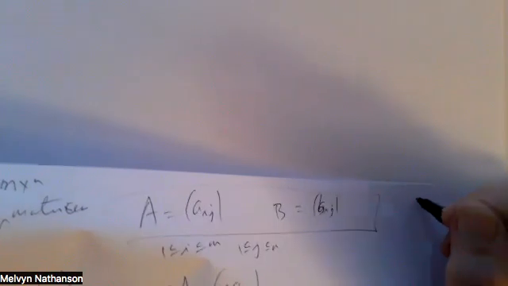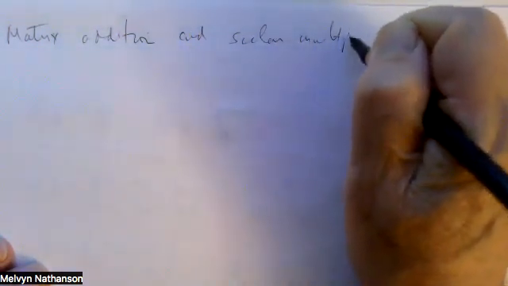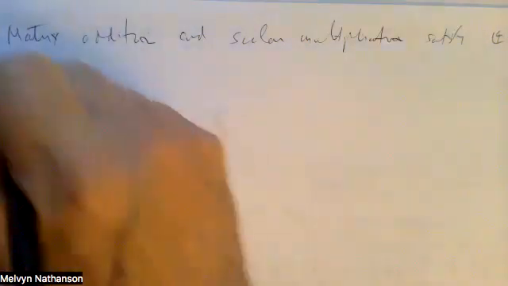And then it is, of course, straightforward as a calculation to check that matrices have the following properties. So matrix addition and matrix scalar multiplication satisfy the following properties.